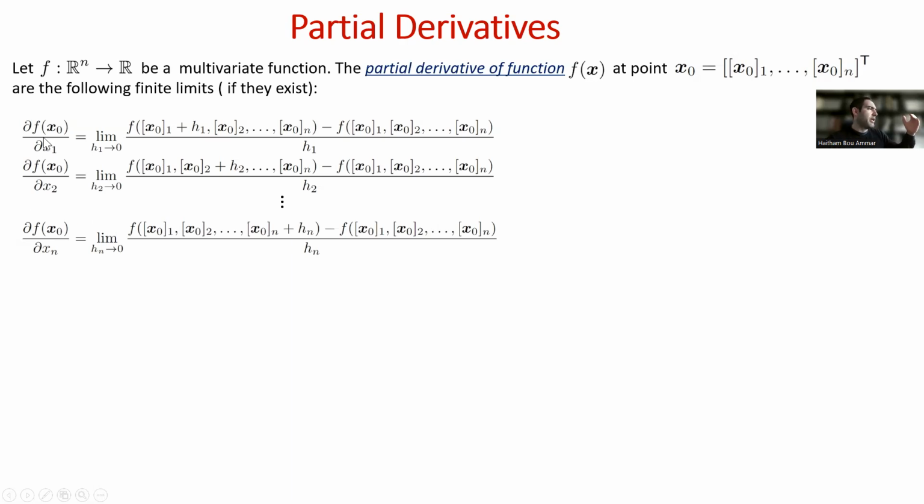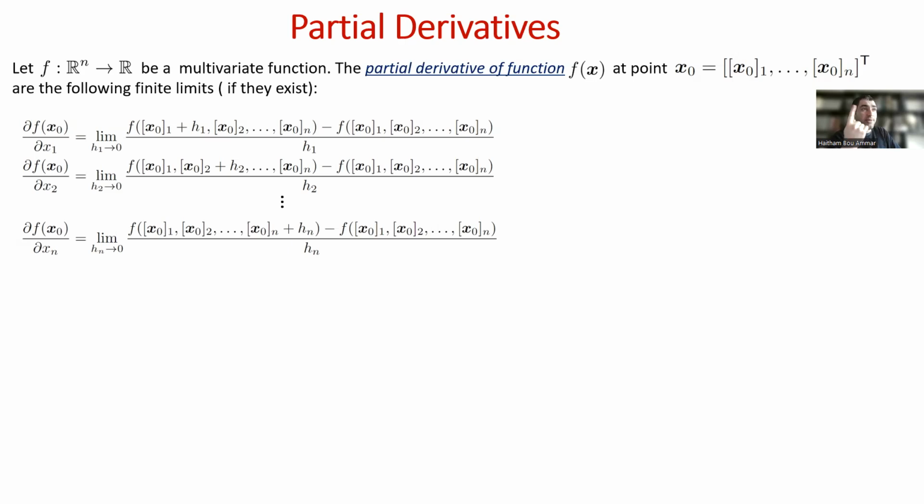And you basically follow the same strategy for all the n components. So the difference between a univariate function and a multivariate function when it comes to the derivative is that for a univariate function, the derivative will be just one number at any point, if this limit exists. But for the multivariate function, the notion of the derivative relies on the collection of partial derivatives.